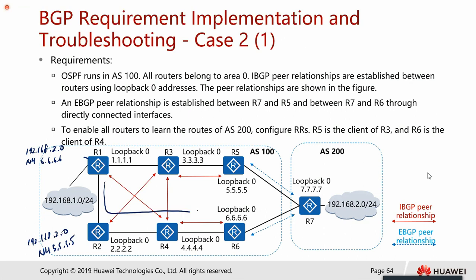But when it reaches router 2 on this interface, it checks and says you want to go to 192.168.2.0, 5.5.5.5, this way. When it reaches this point again, they check the routing table again: go to 6.6.6.6, don't come to me. Again and again, they keep bouncing off each other and are not able to go out in this situation.